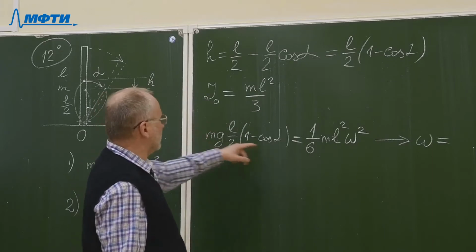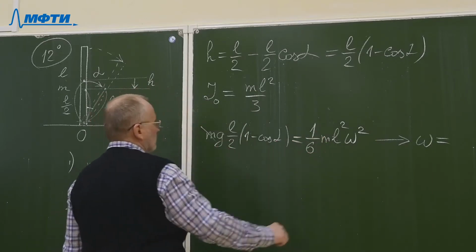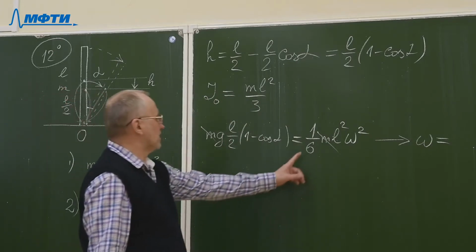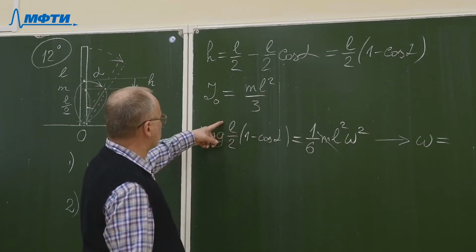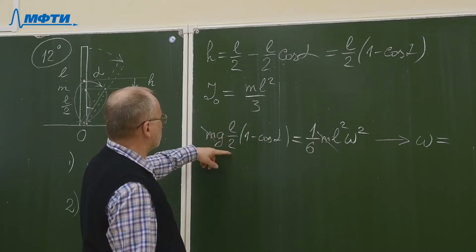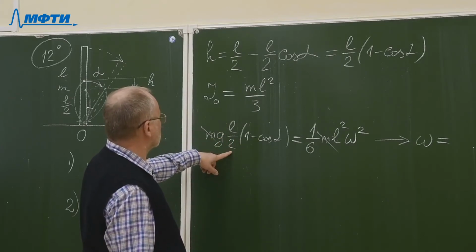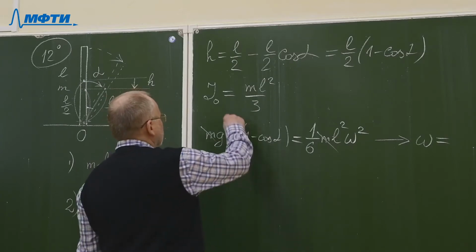The mass will cancel. Mass cancels here from this equation. And what remains? 6 will go here, divided by 2, that will be 1 over 3. One L will cancel.